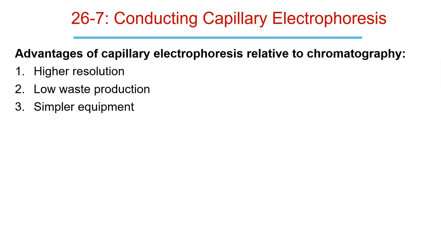You've seen how much liquid waste we can go through in HPLC. In CE, no joke, I did both methods, right? HPLC and CE for 4 solid years in graduate school. In 4 years of using capillary electrophoresis, and I did MEKC, I didn't even produce the same amount of waste as 1 month in HPLC.